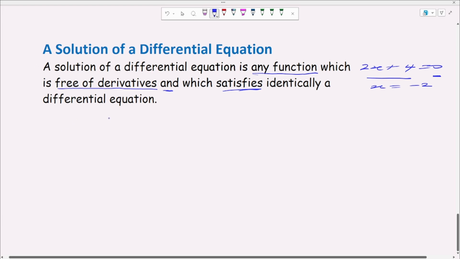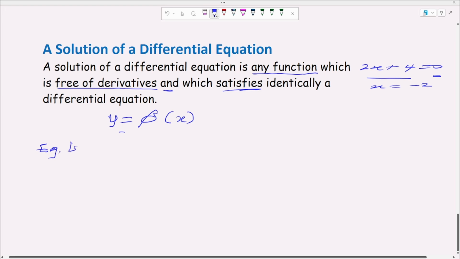Simply put, we have the dependent variable y, and a function phi of the independent variable x. We didn't say we have a derivative of the function. We say we have a function which is free of derivatives, and this function satisfies the equation. So let's take an example and see if truly we have a solution.